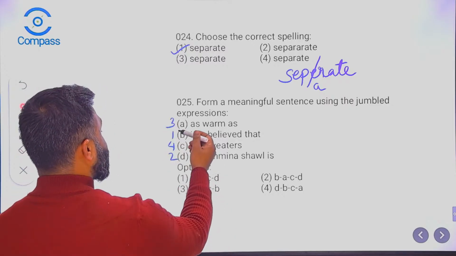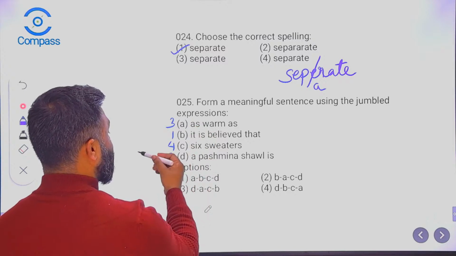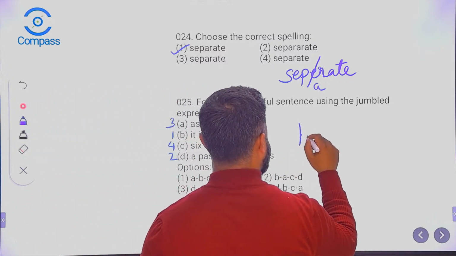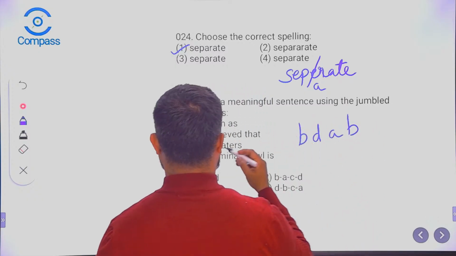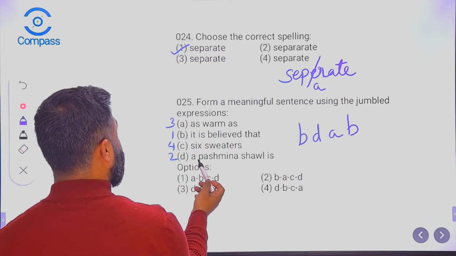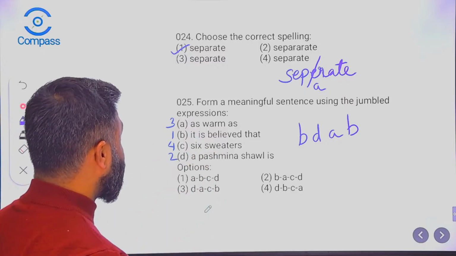So it's B, D, A, B. All right. So that's the correct option.